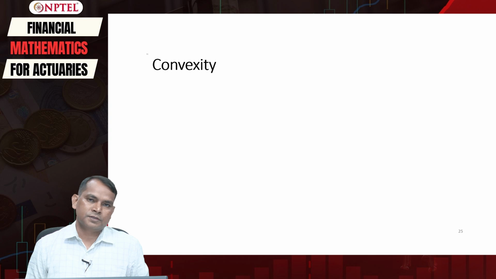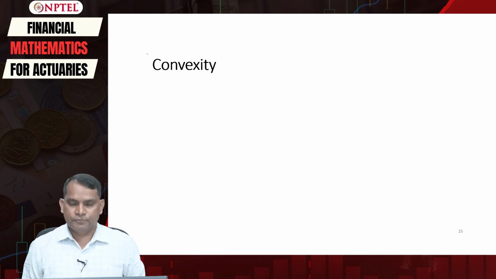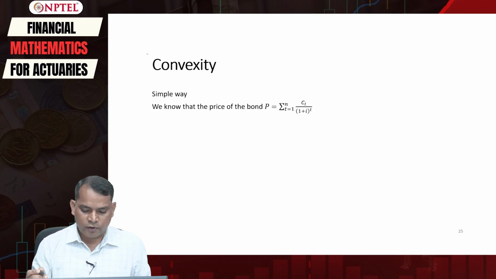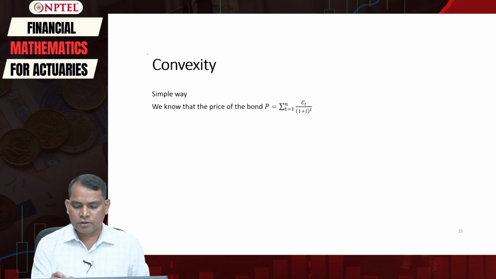Let us understand this convexity in a very simple way. We can also rewrite the same formula by considering these 3 steps. We know that the price of the bond is P is equal to summation of Ct upon 1 plus I to the power t.